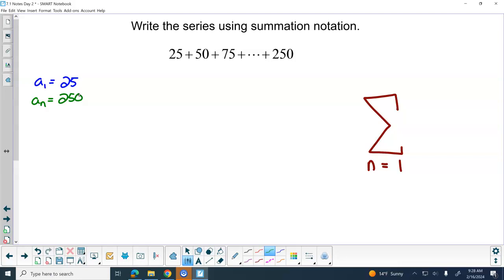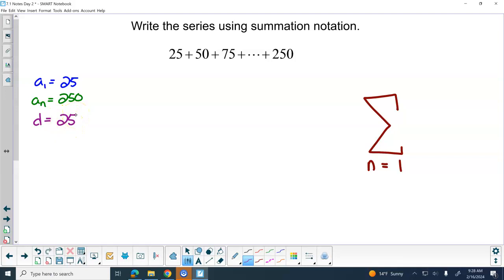Oh, okay, because that's not the term number. That's the term value, 250. It's not the 250th term. Okay. Do I know anything else? Do I know my common difference? 25, going up by 25.